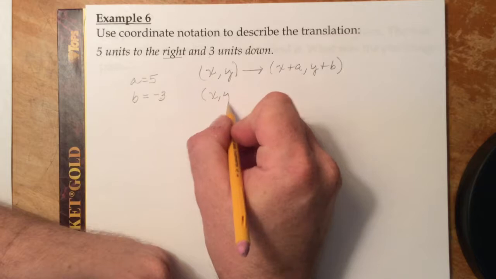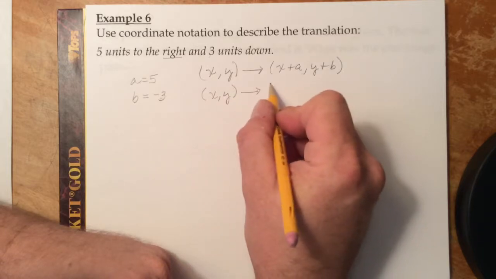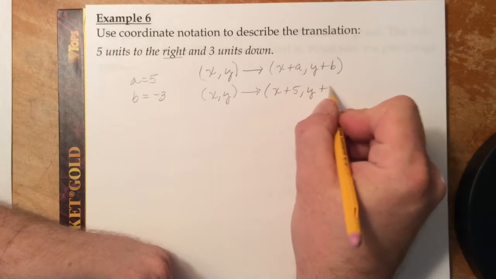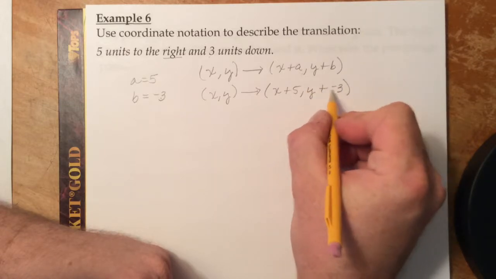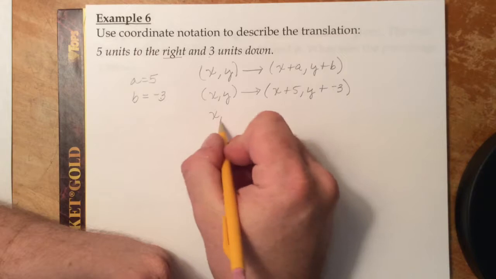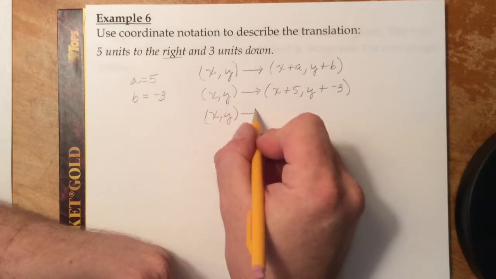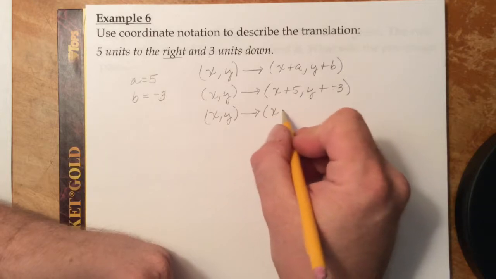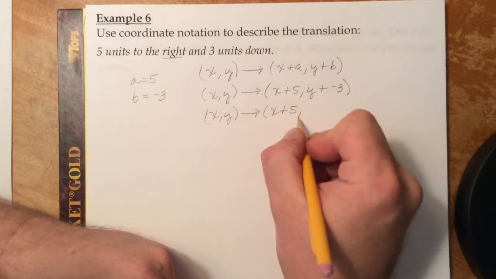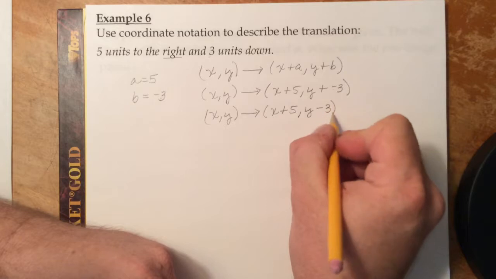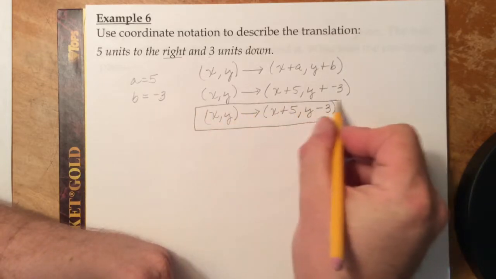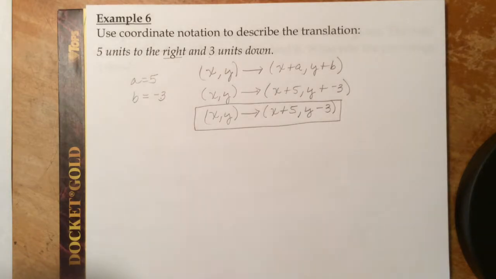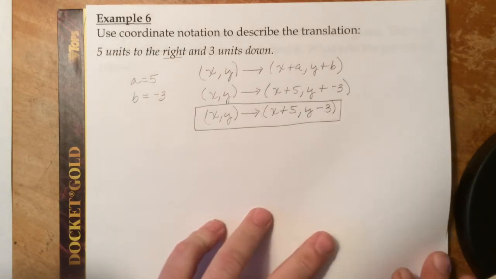So we have (x, y) translates to (x plus 5, y plus negative 3). Well, plus negative 3 is really just minus 3. So this is the rule that we get: (x, y) translates to (x plus 5, y minus 3). And that is the translation rule that describes this right here. Now you try practice 6.